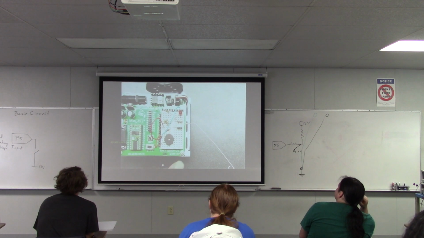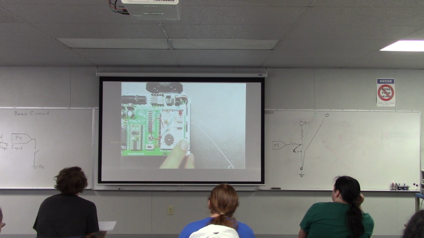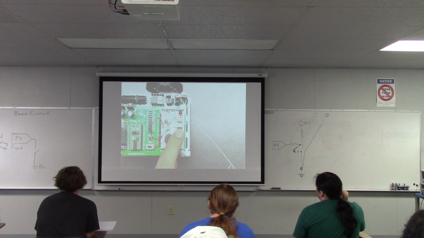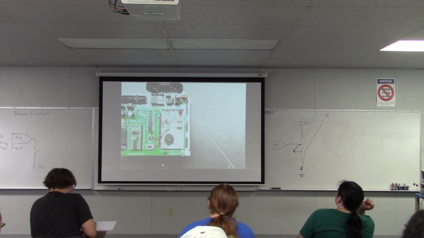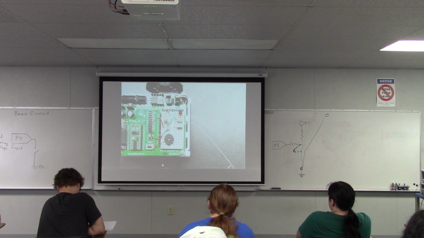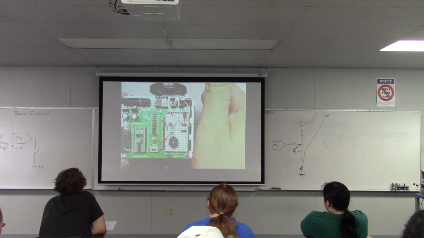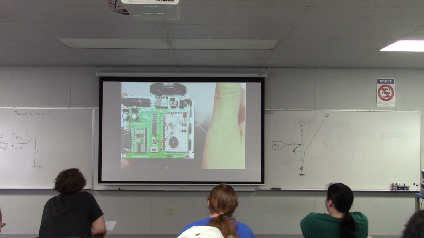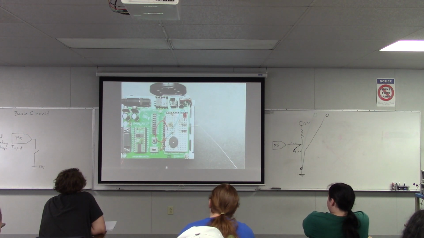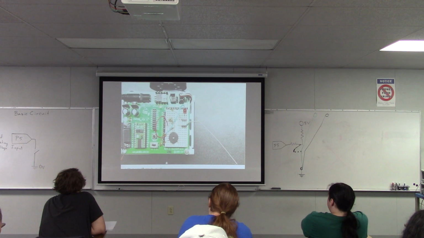You can see that the whisker is attached to the chassis on the corner there. It's a little bit hard to see with the glare, but the whisker comes out and it goes past this 3-pin header here. That's what these 3 wires sticking up are. When something bumps into the whisker, it moves back and touches that 3-pin header. And when you're just driving along, the whisker is held away, and it's not touching that header.